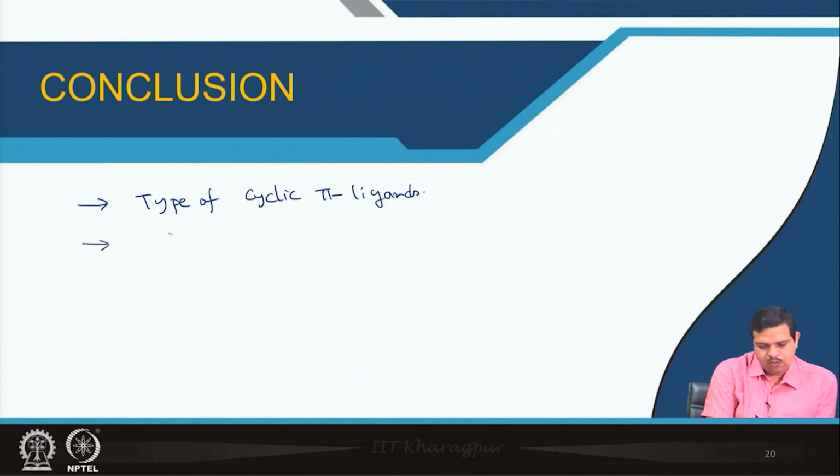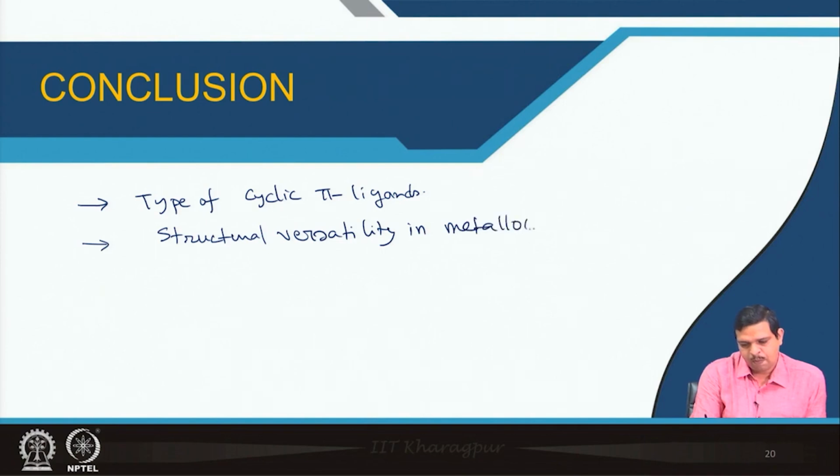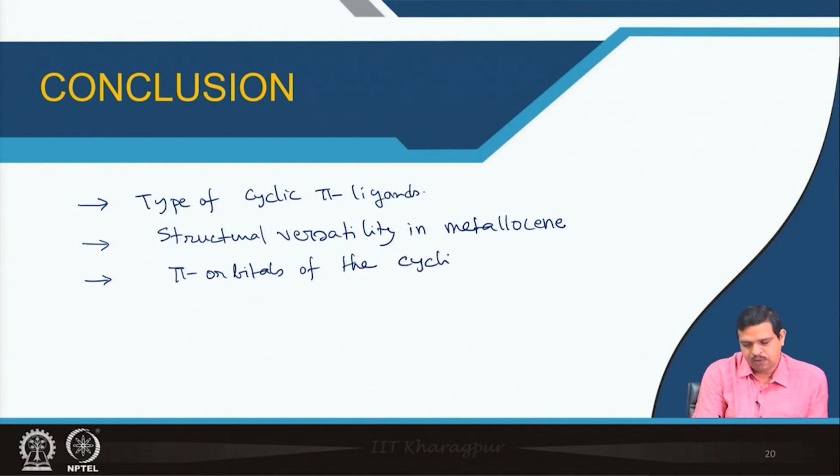We understood the structural versatility in metallocene compounds, and we understood the pi orbitals of the cyclic pi ligands.